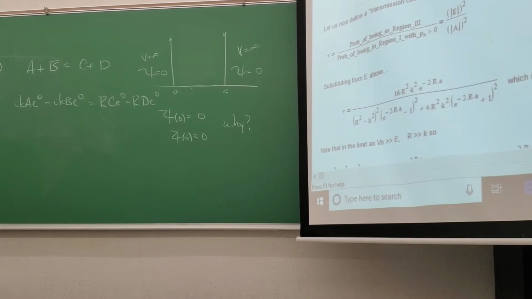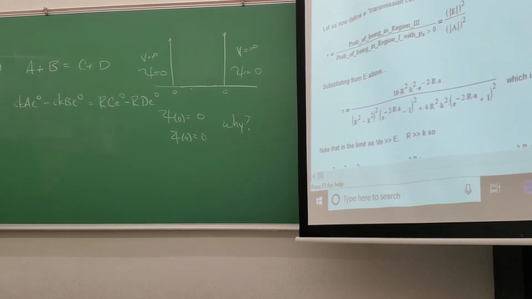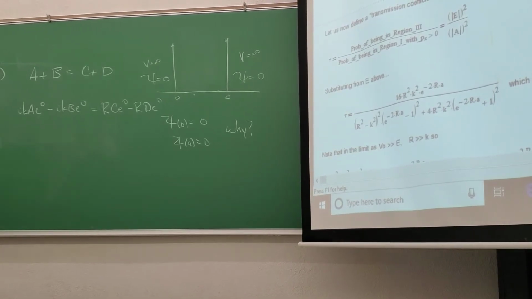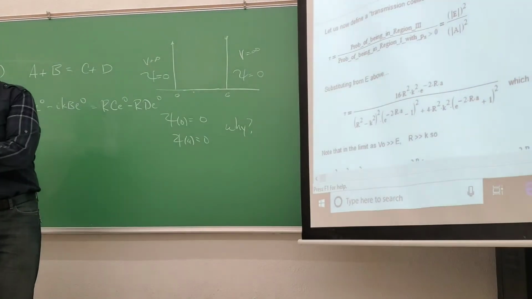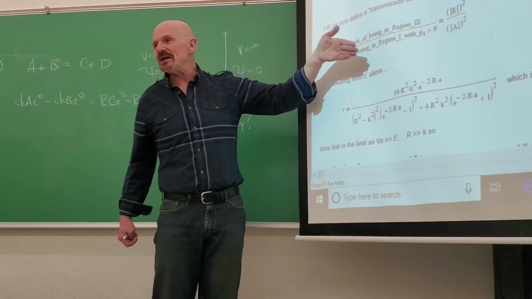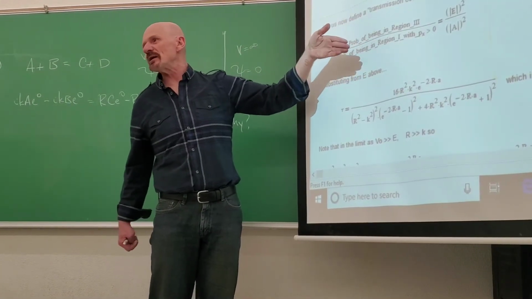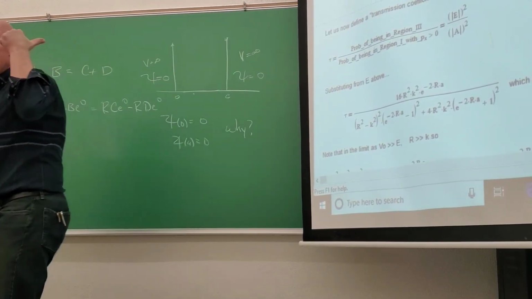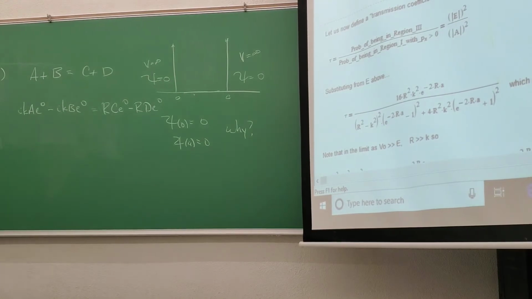If it had been the probability of being in region 1 with the momentum going backwards, would it have been over B squared? Correct. So if I wanted the reflection probability, I would do B squared over A squared. The B squared is going backwards, the A squared is going forward.